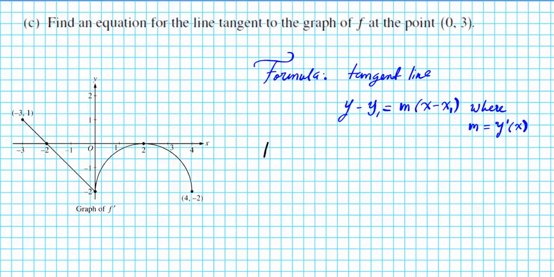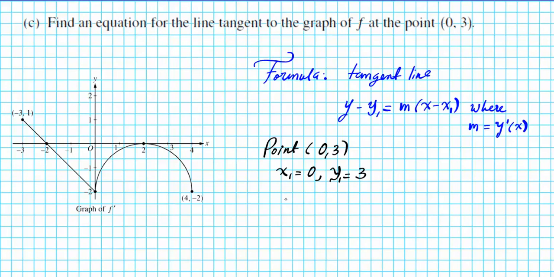Okay? All right, now let's go ahead and apply it to this problem. So we have the point under consideration is 0, 3. With just 1 point and the slope, you can actually determine what the equation of the tangent line is, okay? So we have the point, so this tells us that x1 in this equation is 0 and y1 is 3.